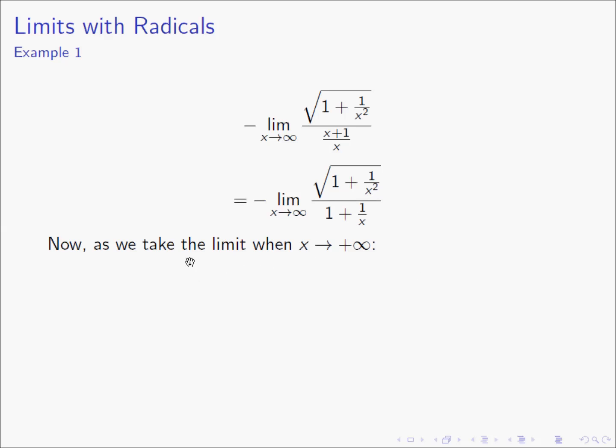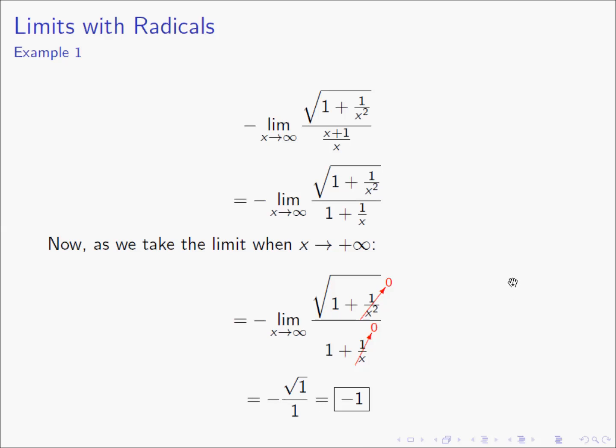Note that here we're taking the limit when x approaches positive infinity, because we consider that x is positive. So these terms go to 0 and this term goes to 0, so we have this expression here, and the positive square root of 1 is 1, so the final answer is minus 1. So in this case the limit is minus 1.